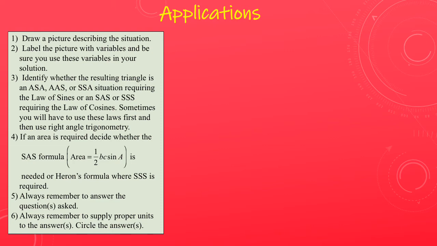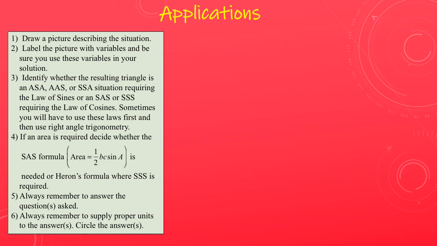We need to identify whether the resulting triangle is an ASA, AAS, or SSA situation requiring the law of sines, or an SAS or SSS requiring the law of cosines. Sometimes you have to use these laws first and then use right-angle trig.